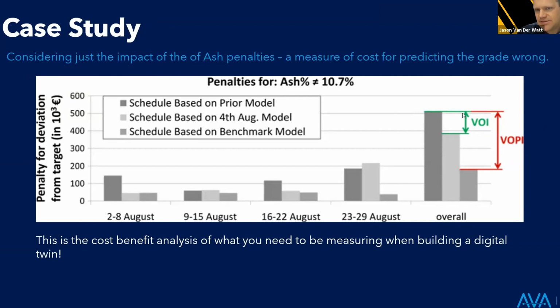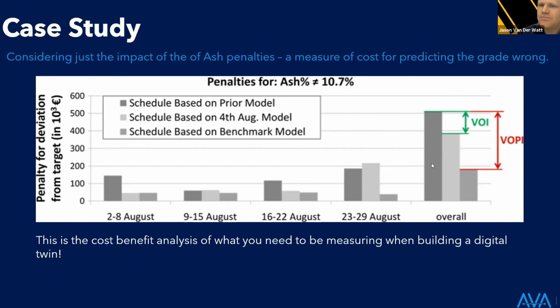And then when we do act on it using the best model, the best information available at the time, we get about a 22% reduction in the penalties associated with not having the correct ash content. And had we actually had perfect information at that point of time, there's actually a 60% reduction in those fines associated with not hitting the correct ash content.